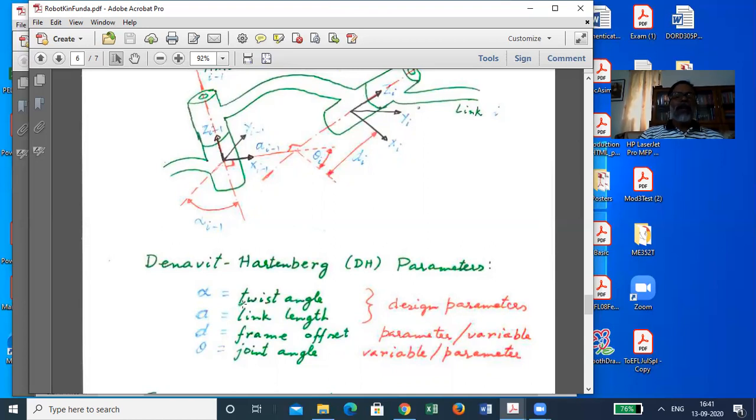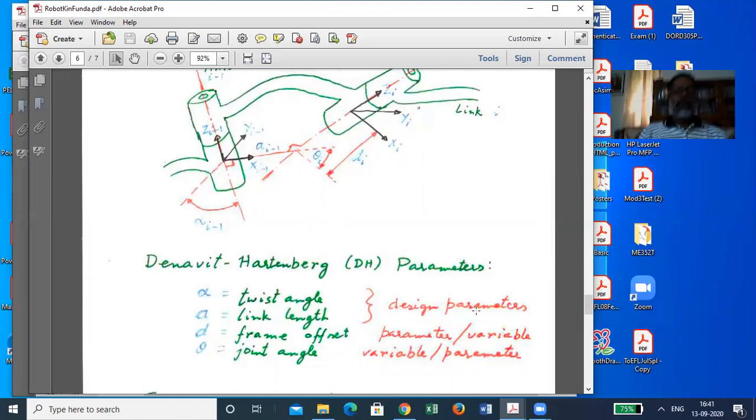Okay? So now, out of these four parameters, these four quantities are called alpha, twist angle, and A, link length. These are referred to the previous index, I minus 1. These are design parameters. Both of them are fixed by design.